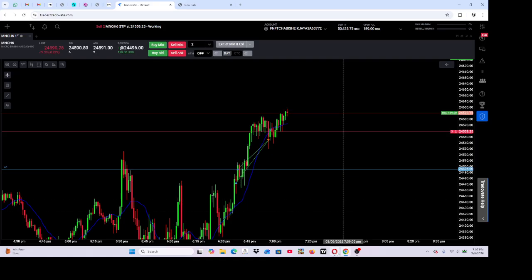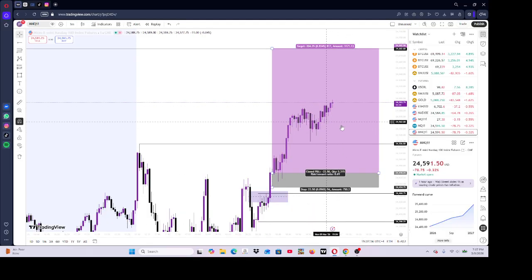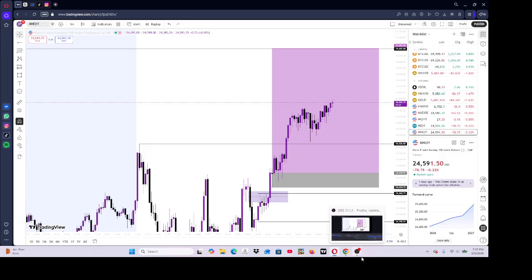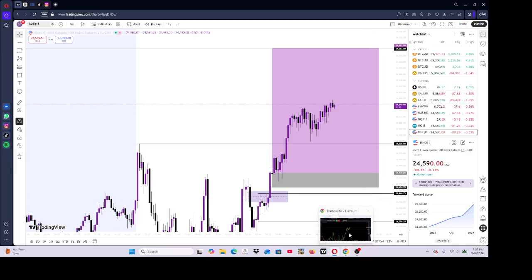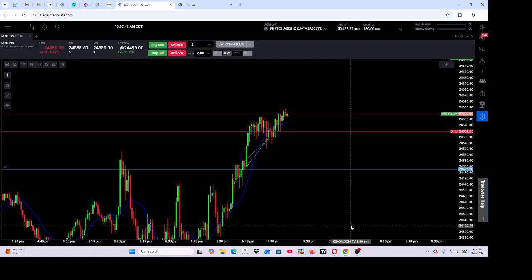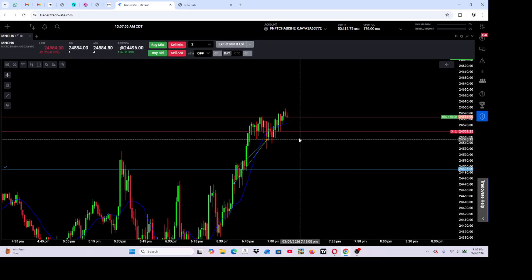Stop loss underneath these lows. It doesn't matter. Underneath these lows, my stop loss. A huge engulf. Damn. Buyers getting weaker here.